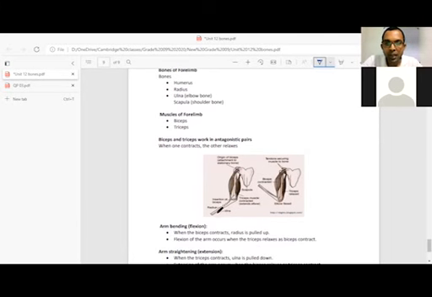This bone is the ulna, which is connected to the humerus, and the radius is not connected to the humerus; it is arranged parallel to the ulna. So we should have an idea about these four bones. Remember, the ulna is connected with the humerus, and it is easy to identify because it makes the hinge joint there.